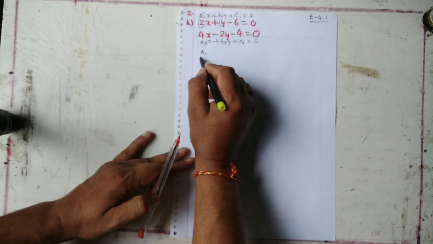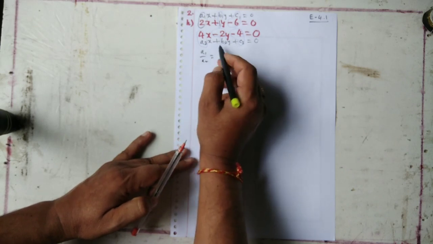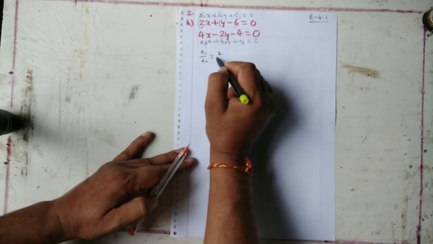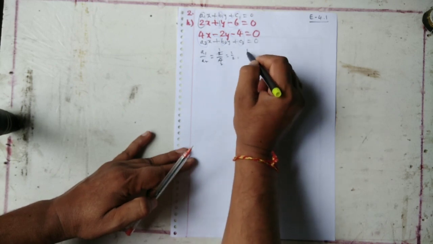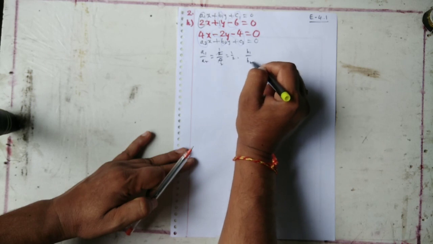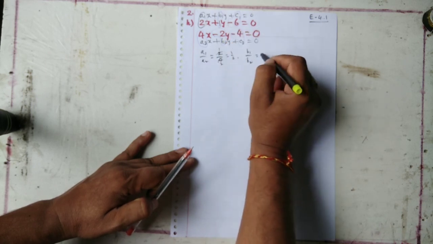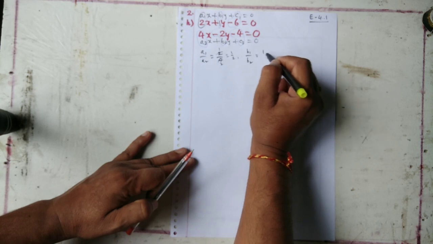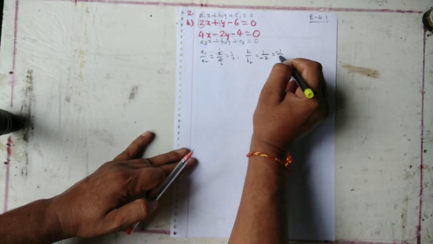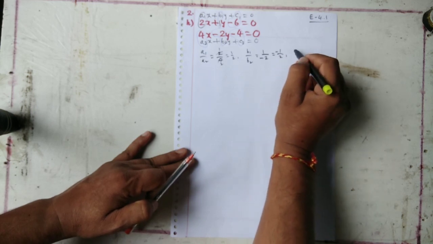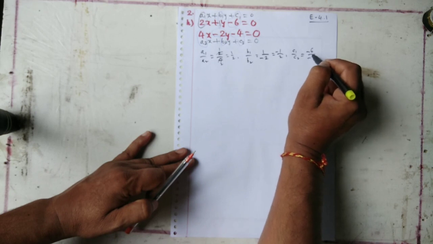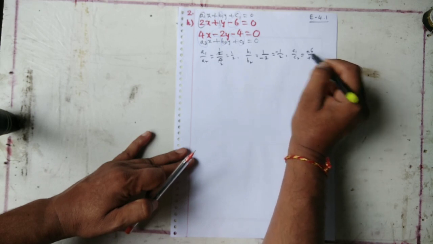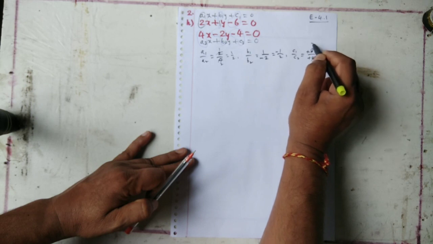Therefore, a1 by a2 is equal to 2 by 4, 2 ones are 2, 2 twos are 4, so 1 by 2. b1 by b2 is equal to 1 by minus 2, that is equal to minus 1 by 2. c1 by c2 is equal to minus 6 by minus 4. Minus minus gets cancelled. 2 twos are 4, 2 threes are 6, so 3 by 2.